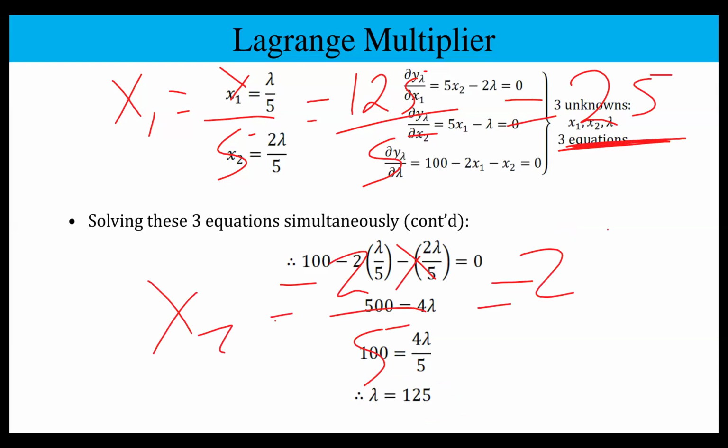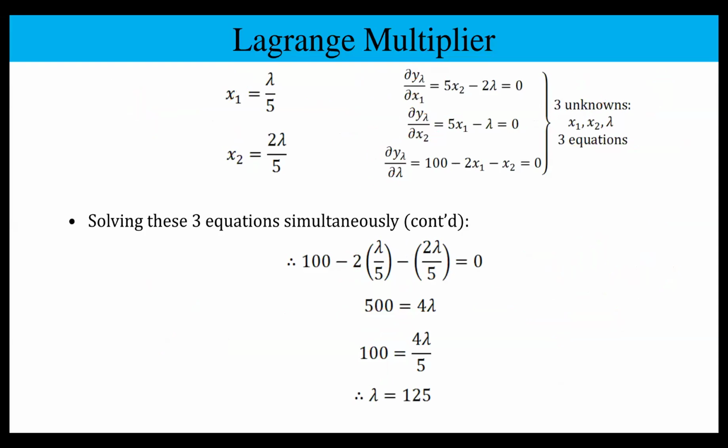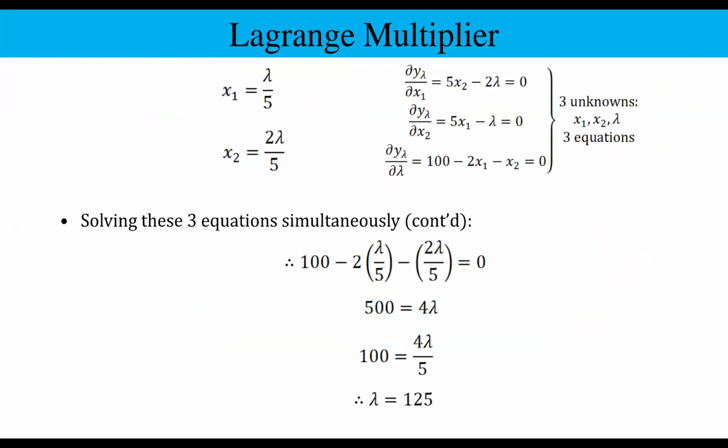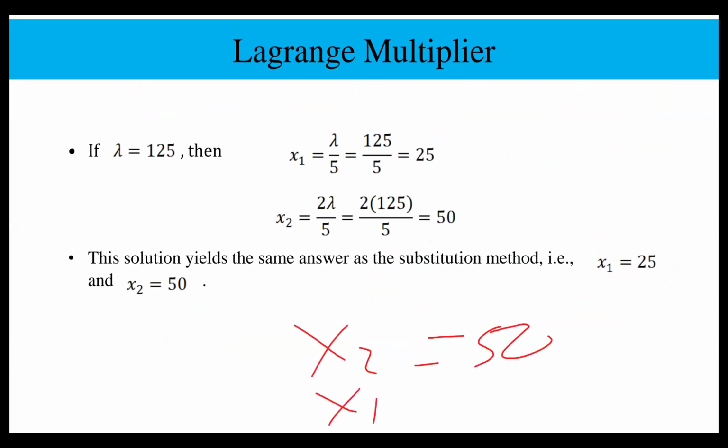Our lambda is 125, so 2 times 125 divided by 5. 2 times 125 should be 250, right? 250 divided by 5 is 50. So x2 is equal to 50. x1 is equal to 25. Then lambda, the Lagrange multiplier, is equal to 125. So these are the critical values.